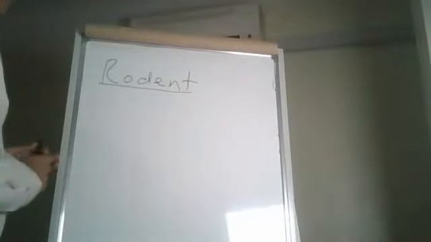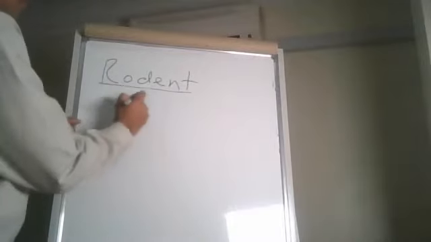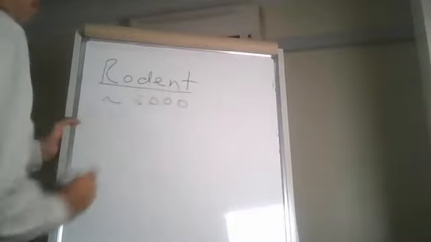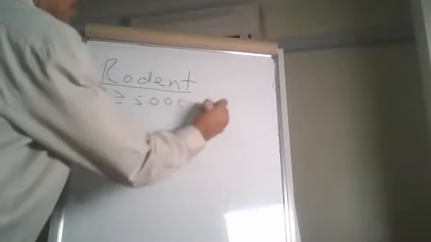So let's look at some of the features of rodents. Now, there are perhaps more than 5,000 species of mammals.